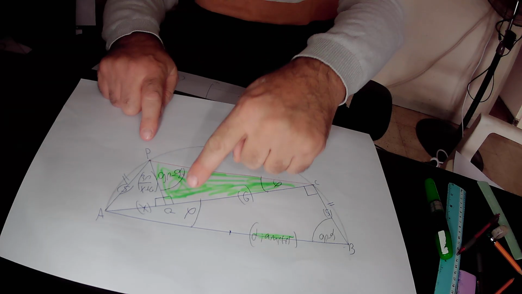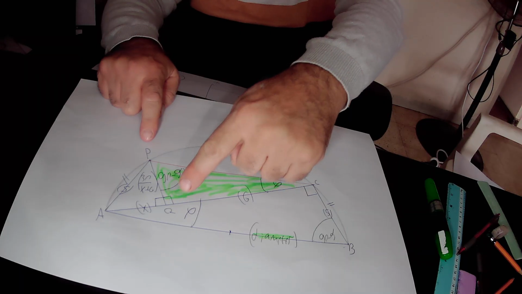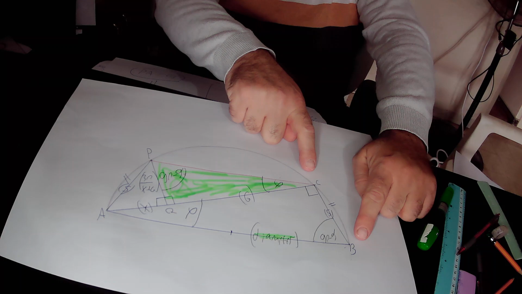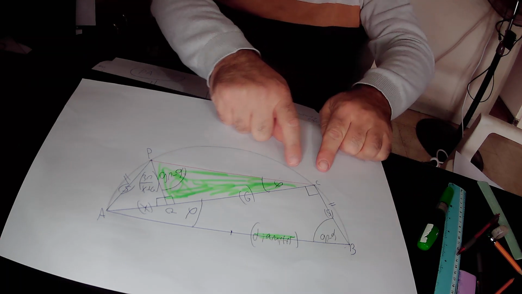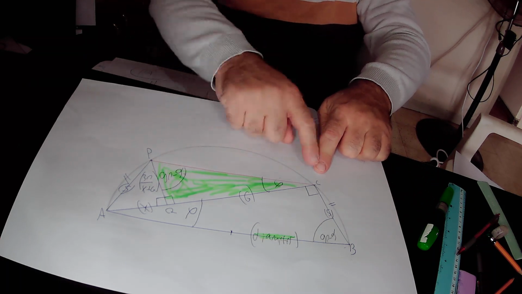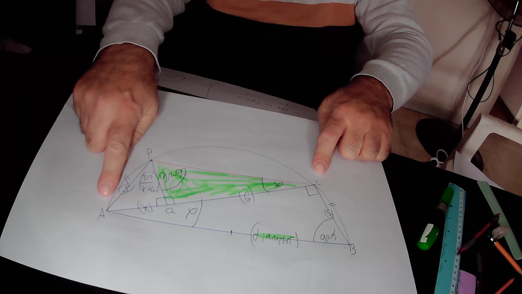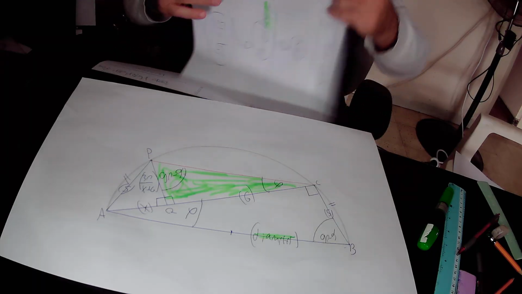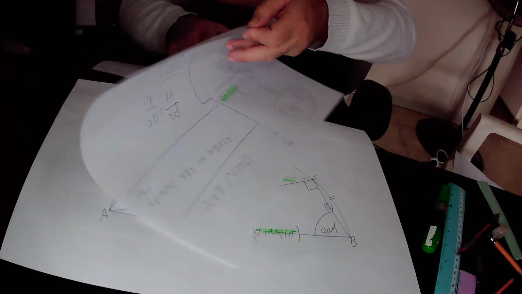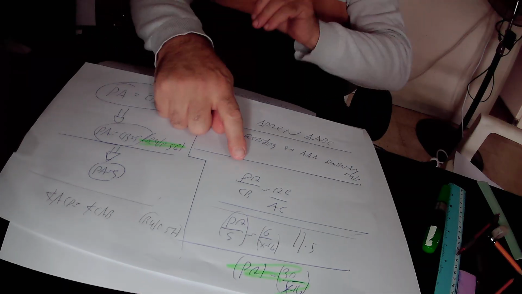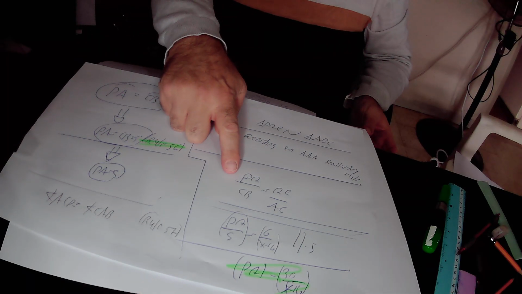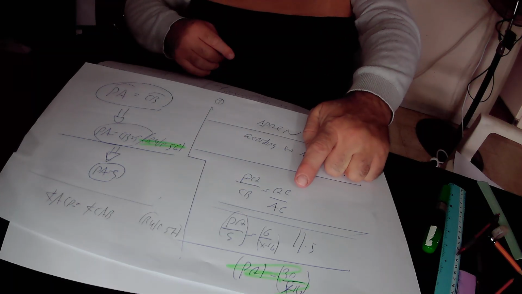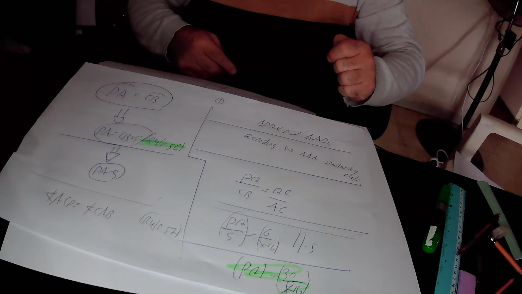Side PQ of the green right triangle PQC over side CB of the right lower triangle ABC equals side QC of the green right triangle PQC over side CA of the right lower triangle ABC.